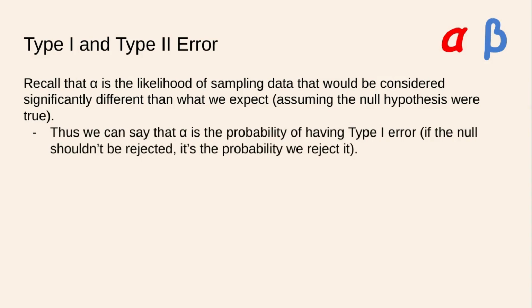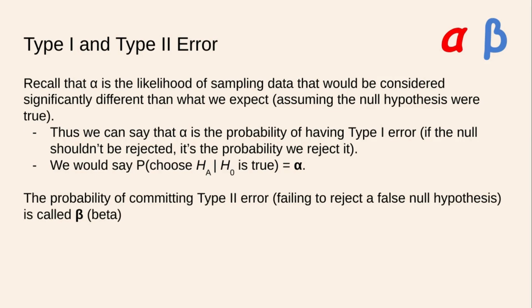Thus, we can say that alpha is the probability of having type 1 error. That is one way to look at it. If the null hypothesis should not be rejected, alpha would be the probability that we reject it. So we would say the probability of choosing the alternative hypothesis, given the null hypothesis is true, is alpha.